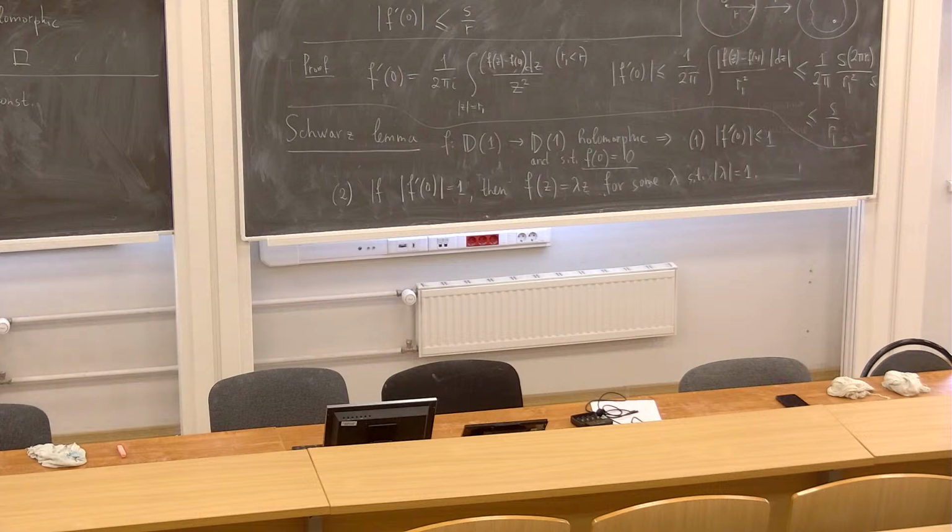And here r naught, the numerator is fixed, whereas the denominator can go to infinity. And so this goes to 0, which means that the derivative at 0 is 0. And the same can be said about the derivative at any point, because 0 is the origin which can be chosen arbitrarily. And therefore, the derivative vanishes identically, so that the function is constant. So it's a very simple consequence.